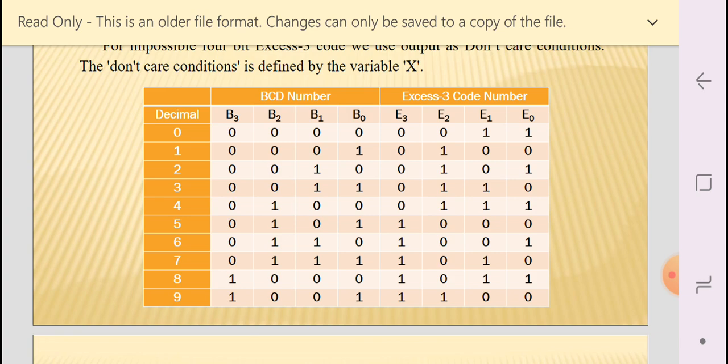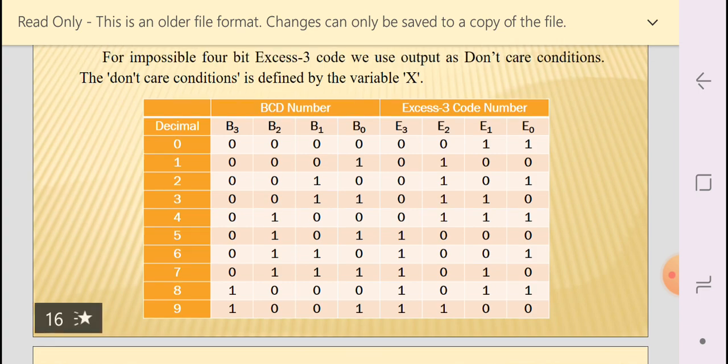So in this way you can find out the XS3 code numbers for the other BCD numbers, up to 9. Why is it up to 9? Because after 9 it is 10, that means 1 0, so you would have to convert 1 and 0 to binary separately, and the bit number will change.